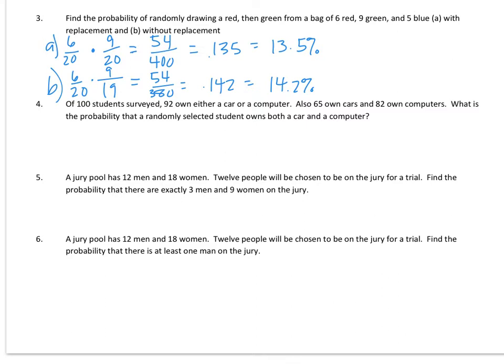So we have a little formula that hopefully you remember. The probability of A or B is the probability of A plus the probability of B minus the probability of both A and B.